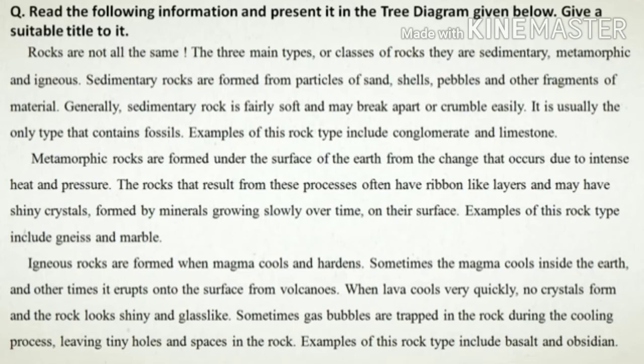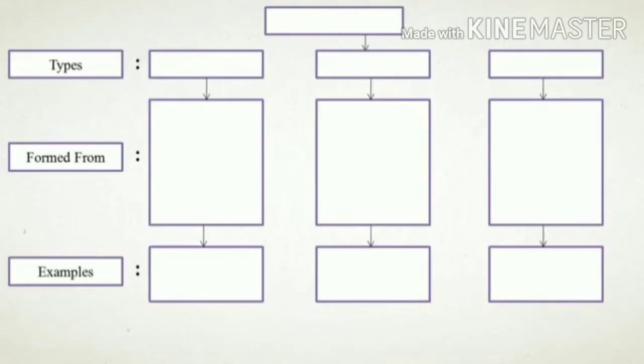So when we are going to change this paragraph into a table or a tree diagram or a flow chart, we have to mention the heading first. Here the heading will be types of rocks.